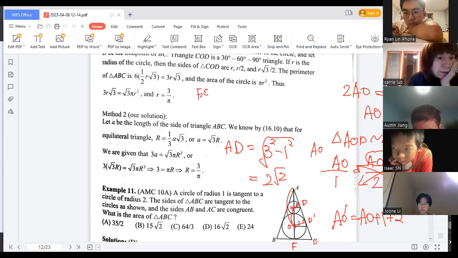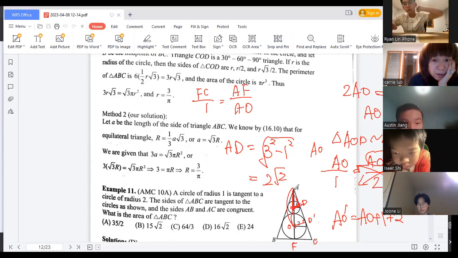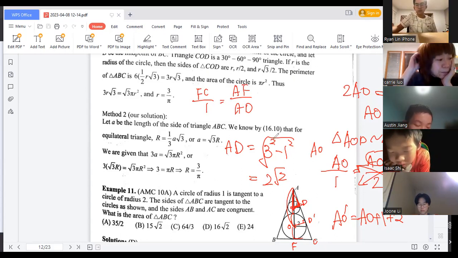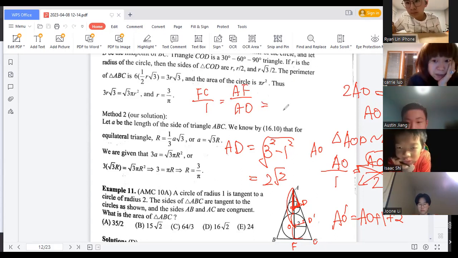Okay. So FC over 1 equals AF over AD, right? Because we know each line of this one, and this triangle and the bigger triangle have the ratio. It's a similar triangle, right? So we can find out AF equals what?